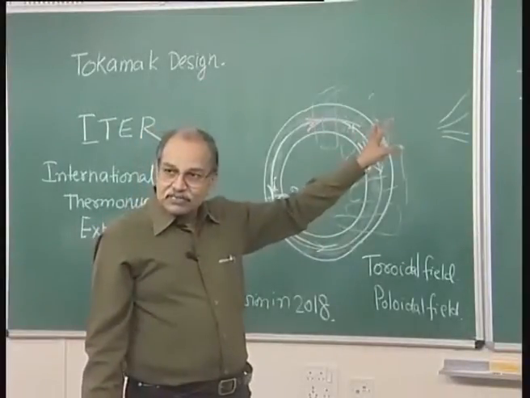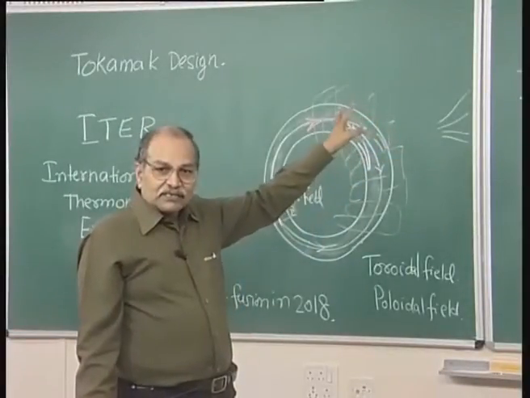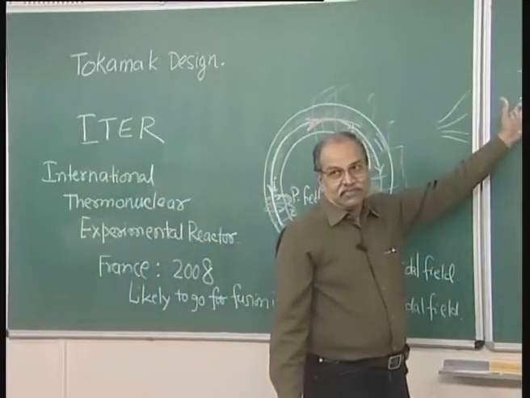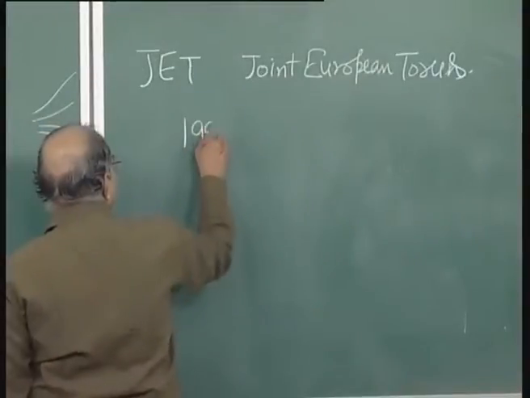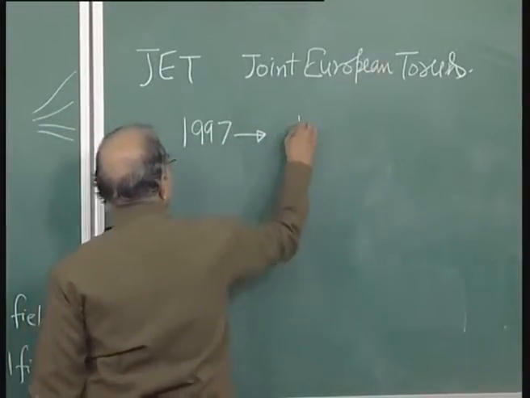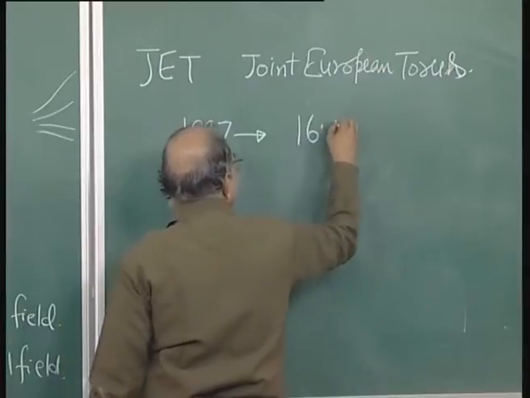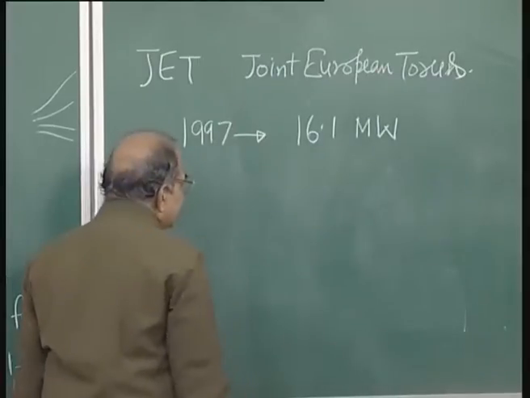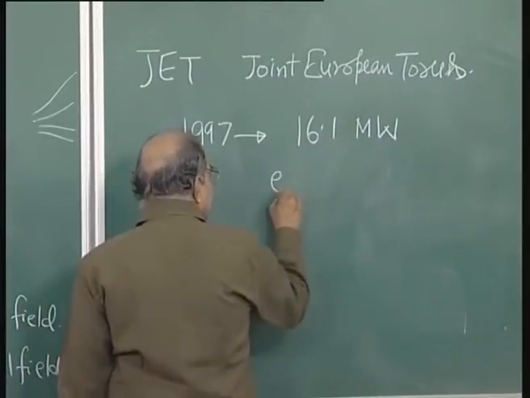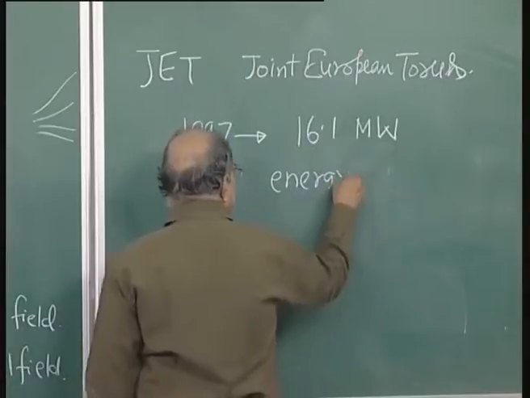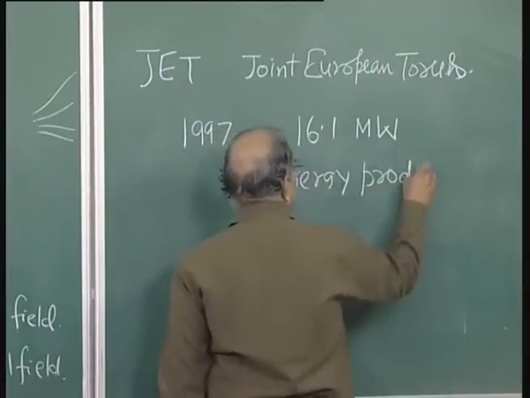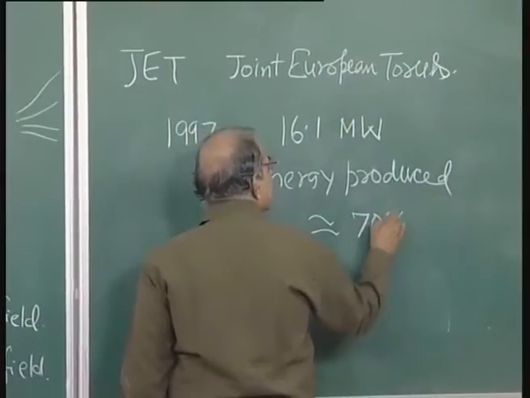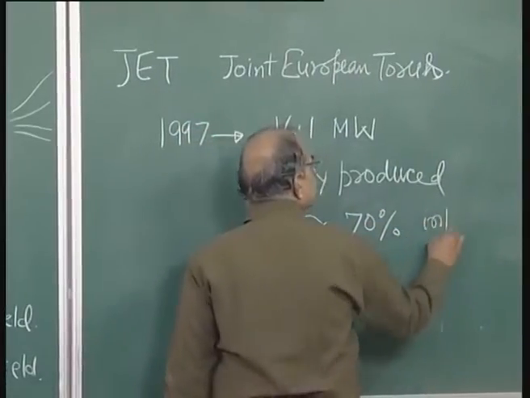This is a machine which has shown maximum efficiency. In 1997 or so, it produced a peak of something like 16.1 megawatt, and the energy produced was around 70% of the input energy given.